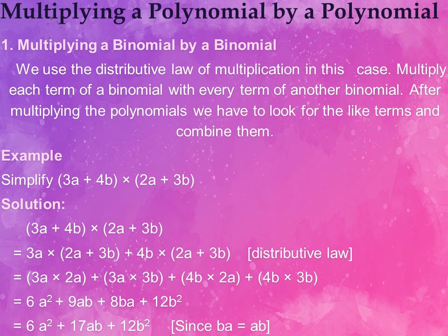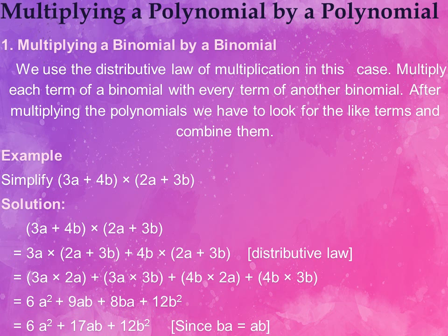So in the solution, as you can see, it is the multiplication of binomials. First of all, we take the first term of the first binomial. The first binomial is 3a plus 4b, and its first term is 3a, into the second binomial, that is 2a plus 3b, then plus 4b, the second term of the first binomial, into the second binomial 2a plus 3b.